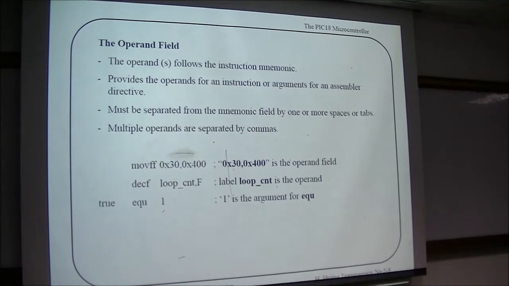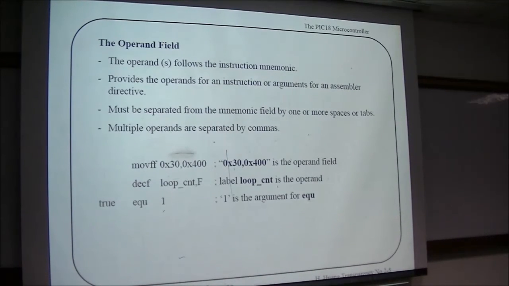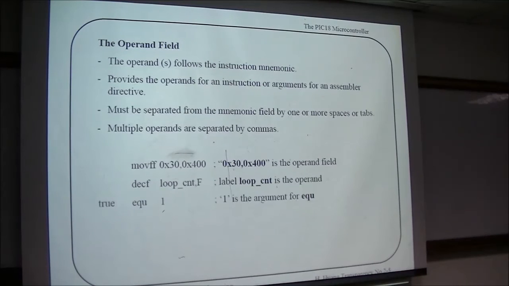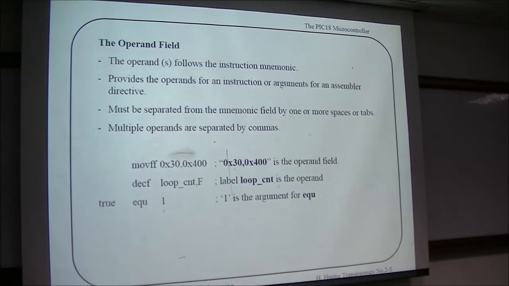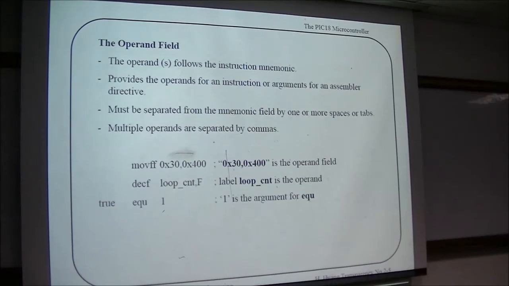After origin we saw hex 00, right? That hex 00 is an argument for the assembler directive. What I mean by argument is an input. It tells that the next line should start from this address, hex 00. So the hex 00 is not something for it to manipulate. It is an input for the assembler directive to indicate that the next line will be stored at address 00. Is it okay? Any question up to this point?